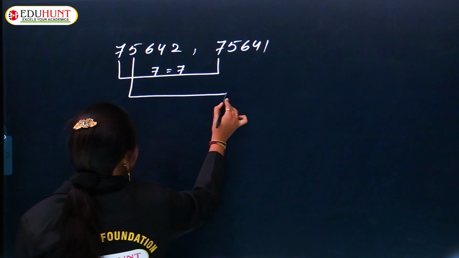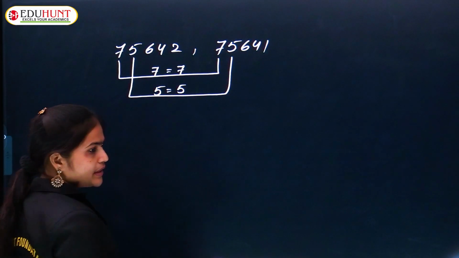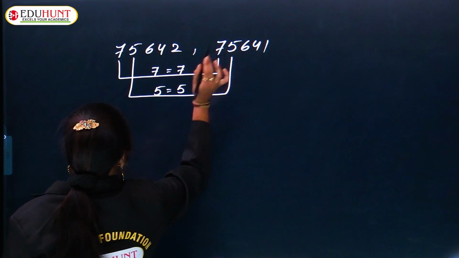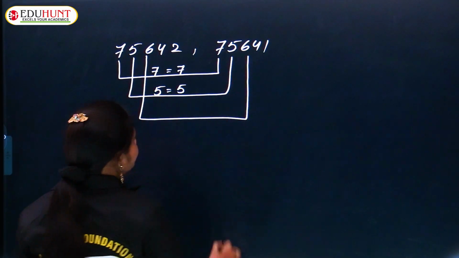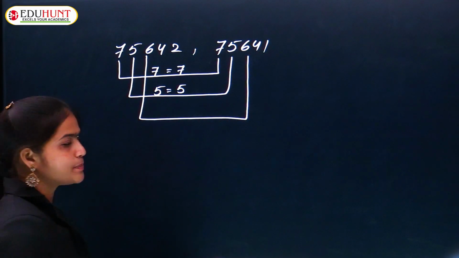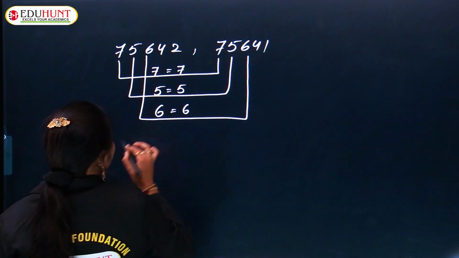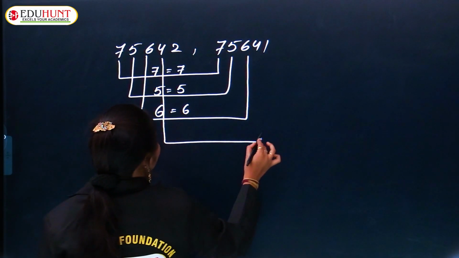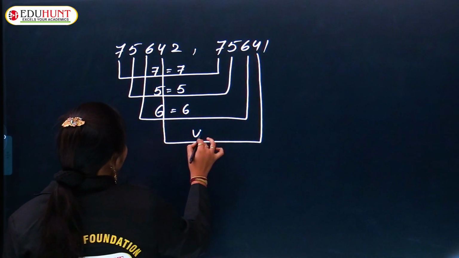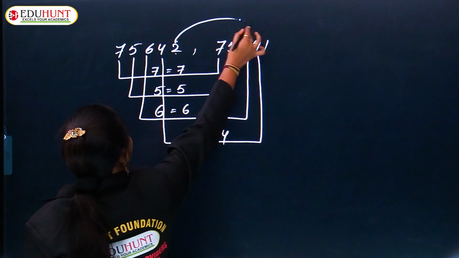The next digit is 5, here also 5, same. Next, the hundreds place: here 6, here also 6, 6 is equal to 6. Next place value is 4, here also 4. And finally we have 2 and 1.